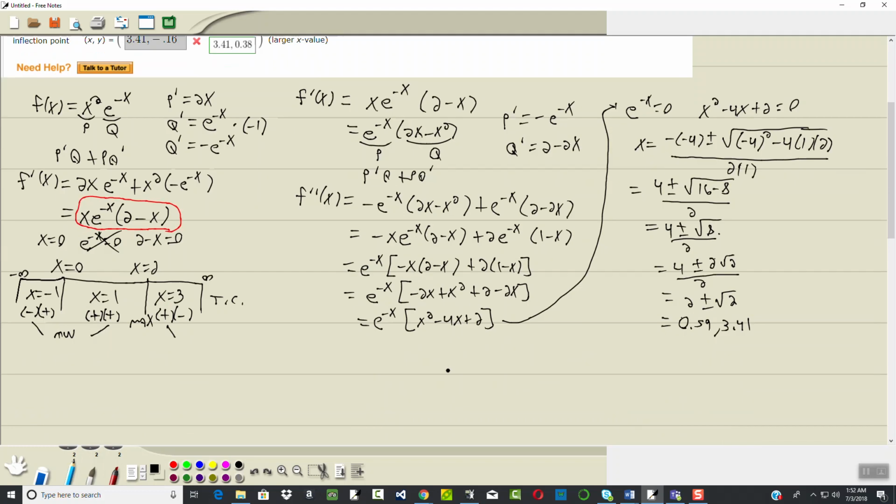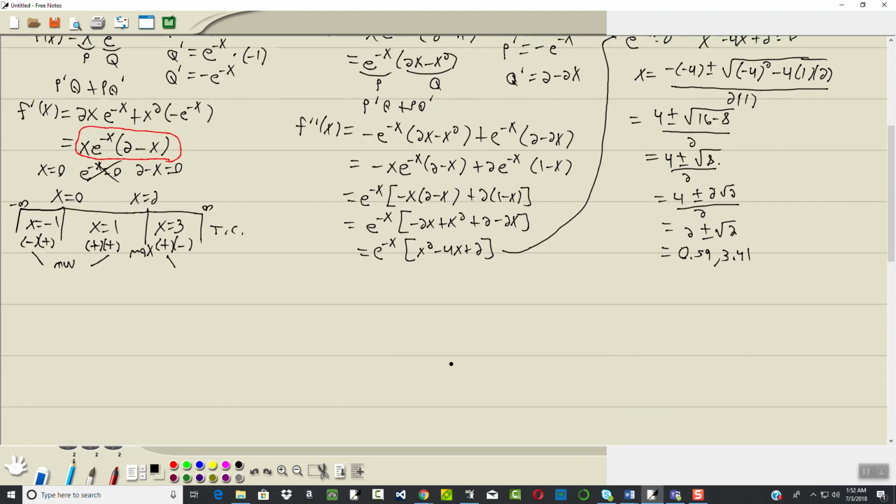Then we want to build a table of intervals. I got 0.59 here. Over here is negative infinity. 3.41, and clear over here is positive infinity. I want to choose test cases. Something less than 0.59, like 0. Something between 0.59 and 3.41, like 1. Something greater than 3.41, like 4.